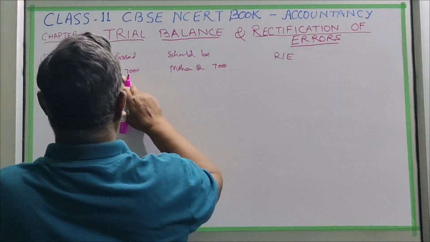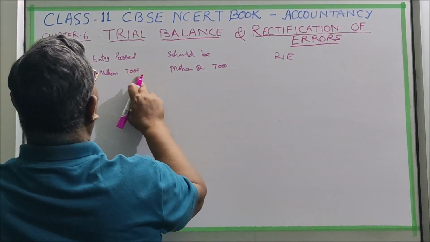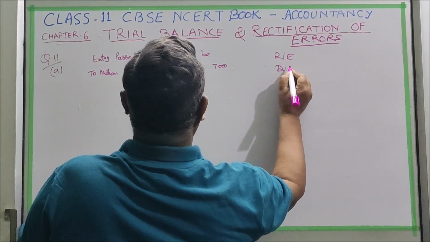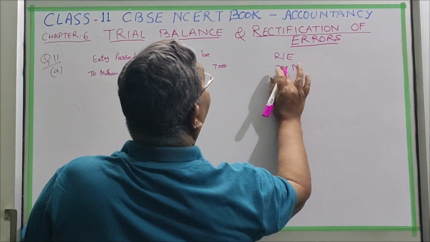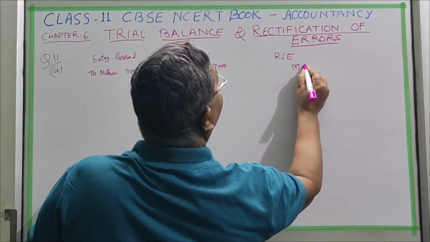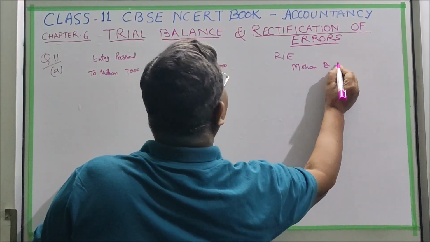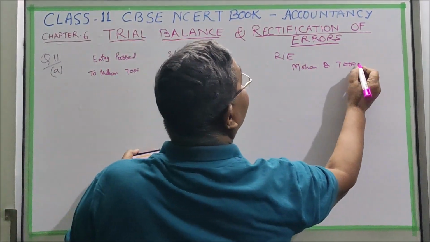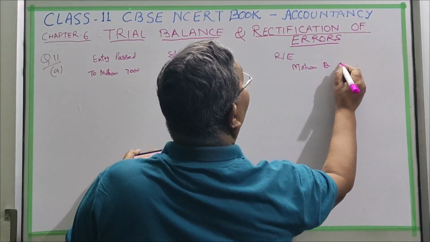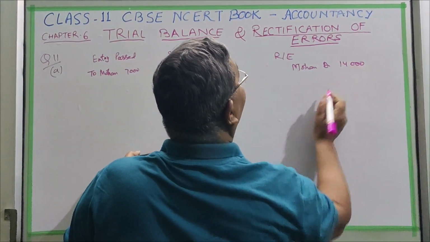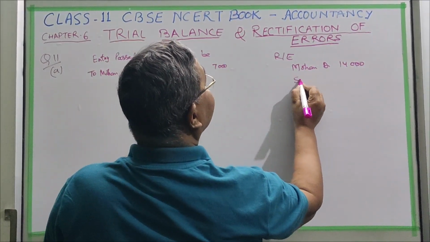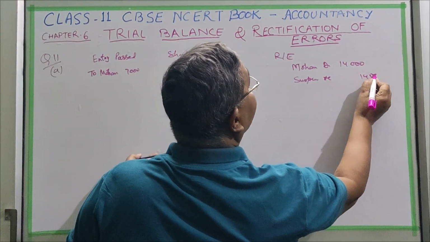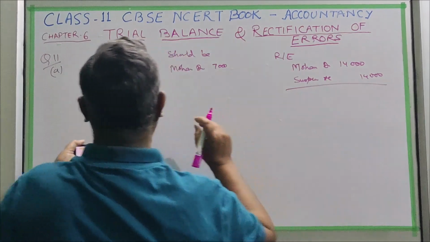So rectification means this Mohan should not be credited. So Mohan debit 7,000. And this actual should also be done, means it will become 14,000. Okay. And the other account will be suspense account, 14,000. Okay. This you have to do.